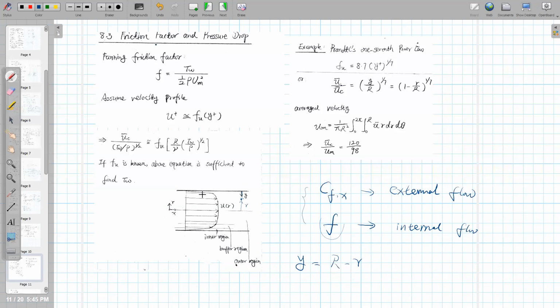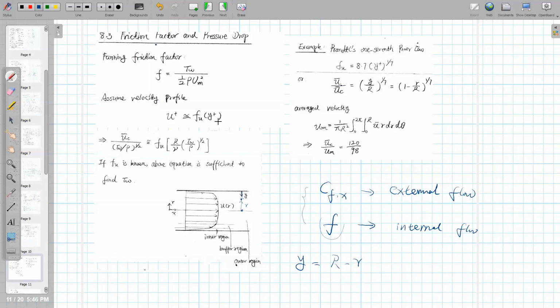You need to know this difference here, and consider a point at the center line. At the center line, the u will become Uc, and then u plus will become Uc divided by the square root of tau W divided by rho. So this is the friction velocity u star.